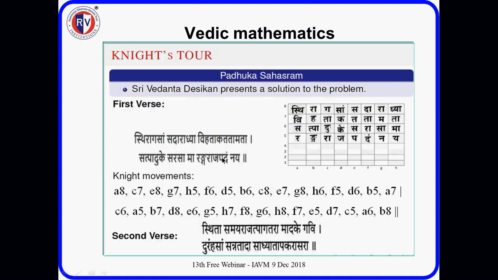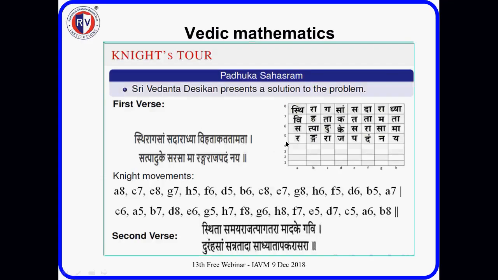So what the author has done here is, he has taken this shloka consisting of 32 letters. Each of these letters is placed in the half of the chessboard, because 32, there are 4 rows, we are going to place it here. You can observe here, Sthi is placed in the position A8, and Ra is placed in B8.